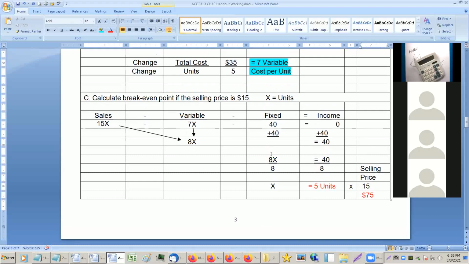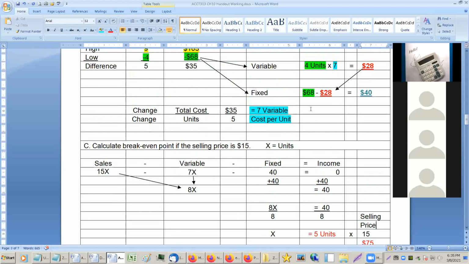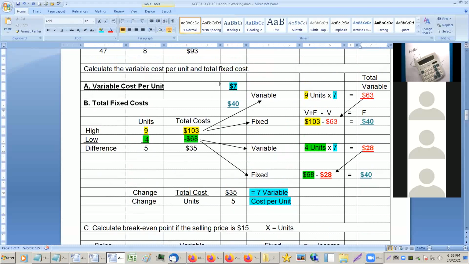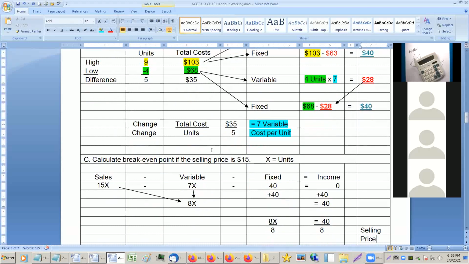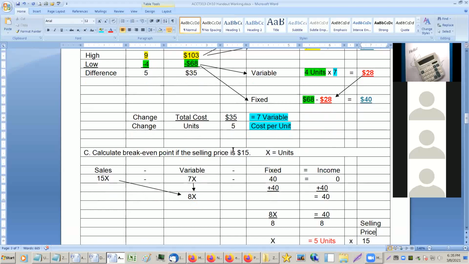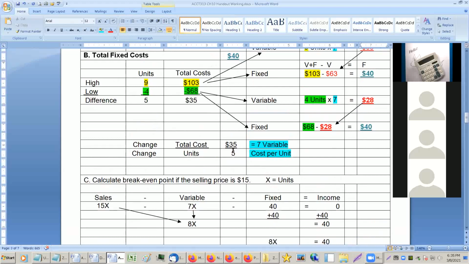Okay, so that's us using the variable and fixed cost. So with variable and fixed cost, we took the totals to get them. The reason for doing that is they're usually more accurate and easier to do.